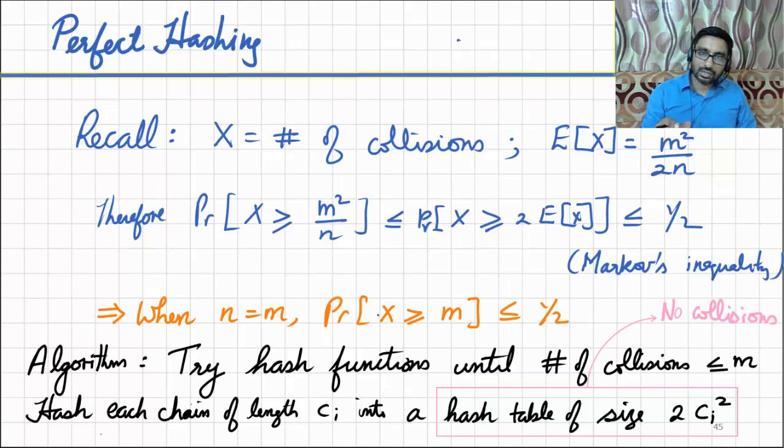What we do is we take those ci items and hash them using a different hash function into a hash table of size 2 times ci squared. And we choose the second hash function for these ci items in such a way that there are no collisions in this second hash table. But keep in mind, the second hash table has to be constructed for each location where multiple items are hashed into that location.